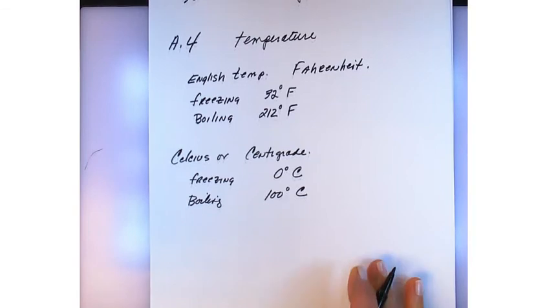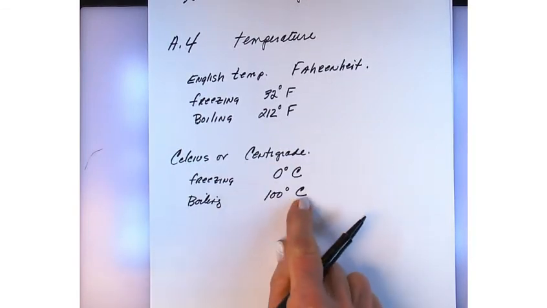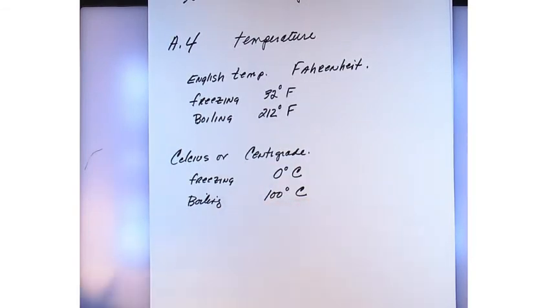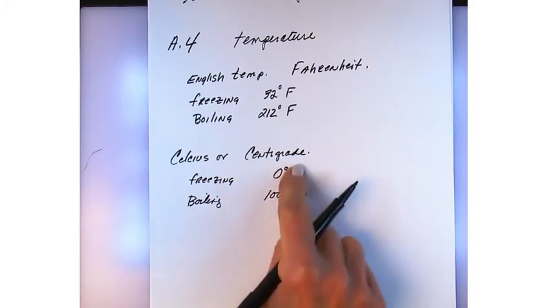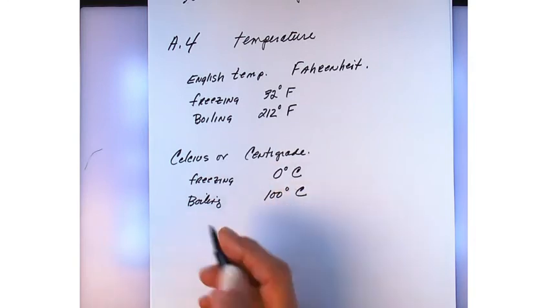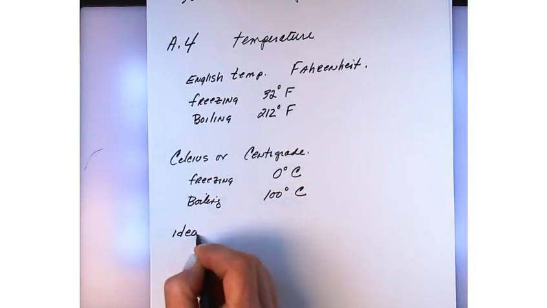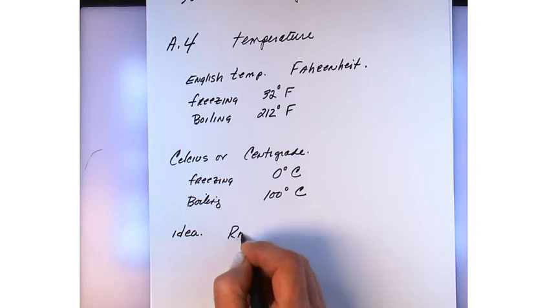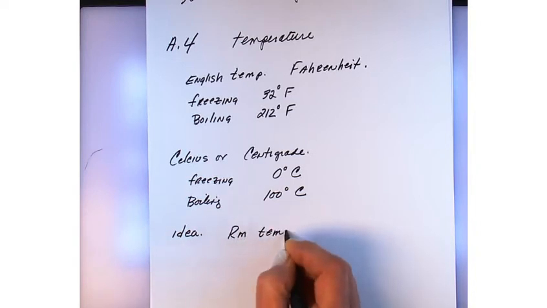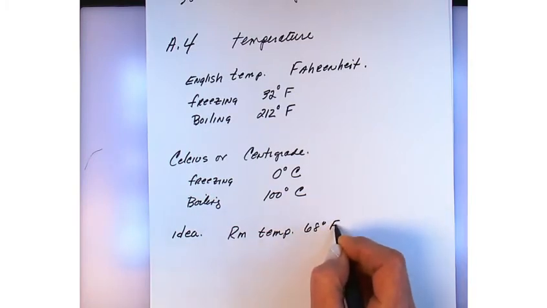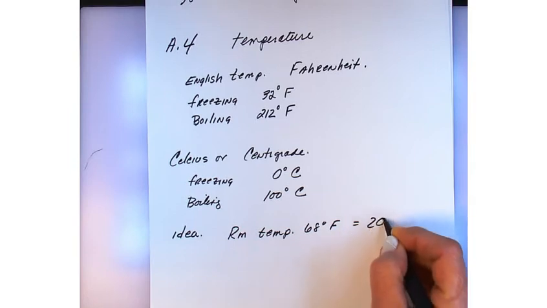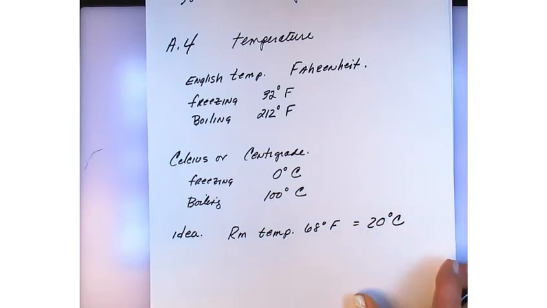So do you see the metric system works in all these very convenient units? Very convenient. So if you go over to Canada, you want to have an idea if you're hot or cold. If we have a room temperature, perhaps you keep your house around 68 degrees, and 68 degrees is about 20 degrees Celsius. Okay?